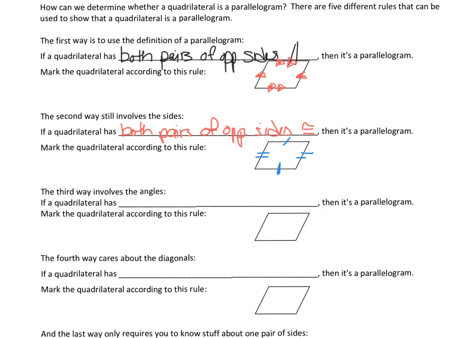So if a quadrilateral has both pairs of opposite angles that are congruent, then I know I have a parallelogram. So on my picture here, again, our opposite angles have to be congruent, and I need both of them. Then if I have that, then I know that I do have a parallelogram.